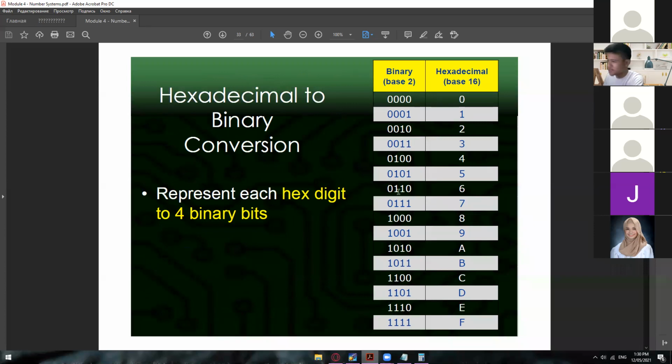So just the opposite, of course. 0, 0, 0, 0 is 0, up to 1, 1, 1, 1 is F. I will not explain this one anymore since you have already learned how to convert hexadecimal to binary and binary to hexadecimal. A hex digit is always represented by 4 binary bits. So it's always 4 binary.